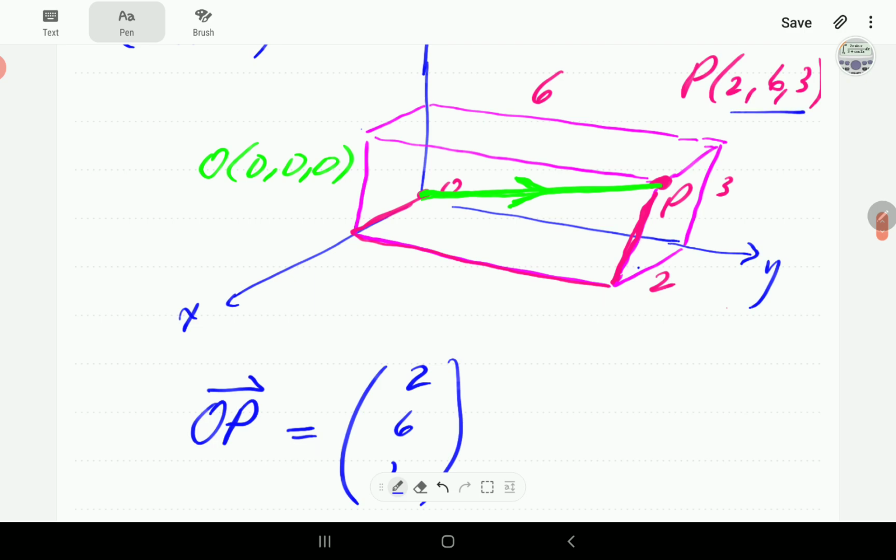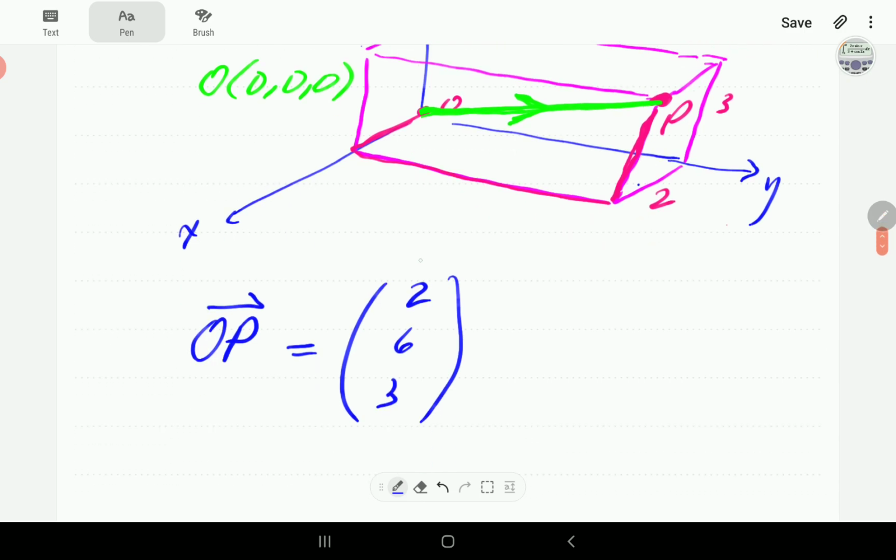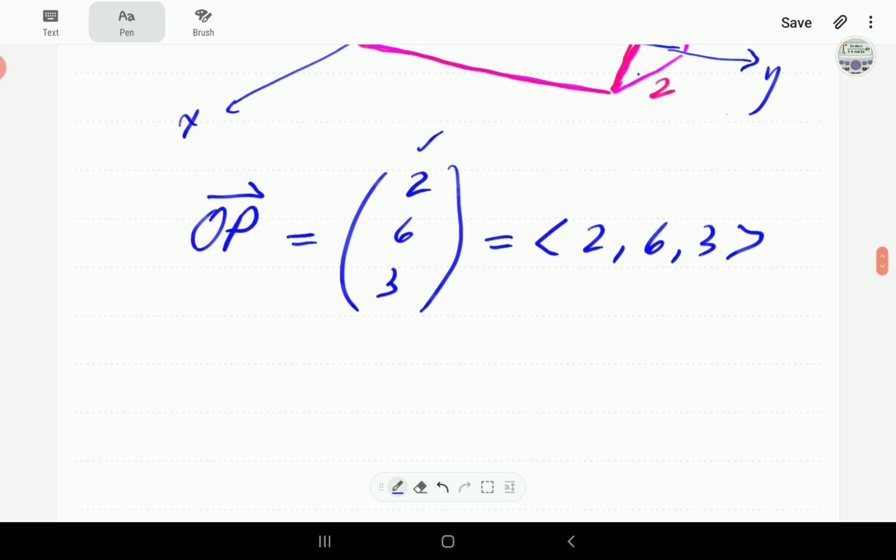This is the position vector of P. If we want to write it horizontally, we can write it like this: 2, 6, 3. This is now a vector. So that is two notations for presenting vectors. We're going to introduce our third notation in a moment.